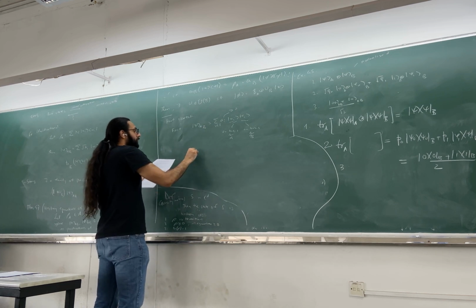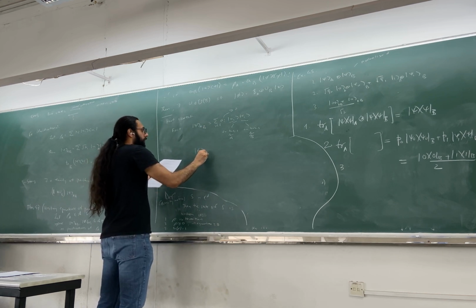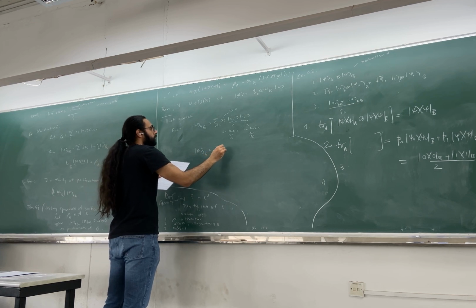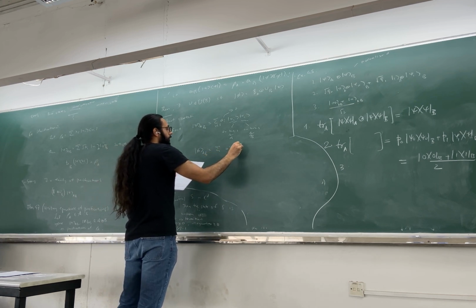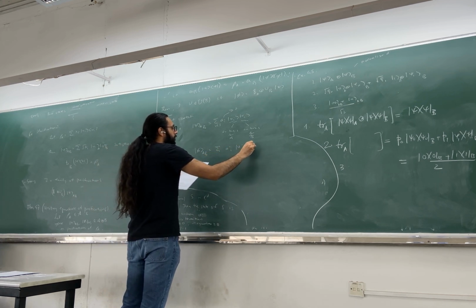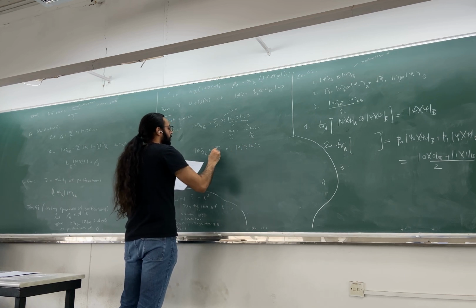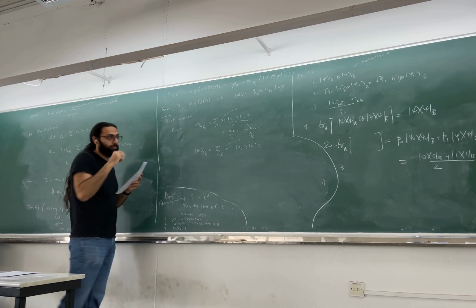Similarly, phi AB can also be written in this form, with a prime i, b prime i, u prime i.